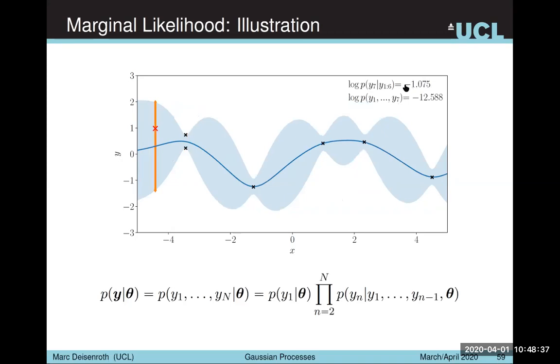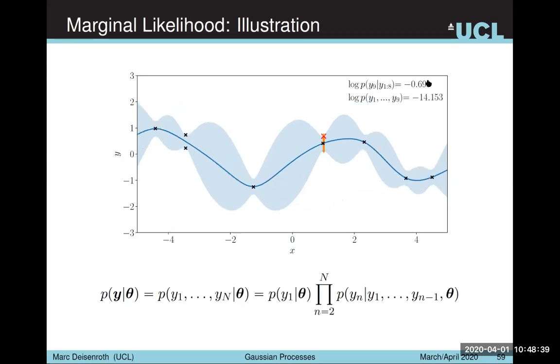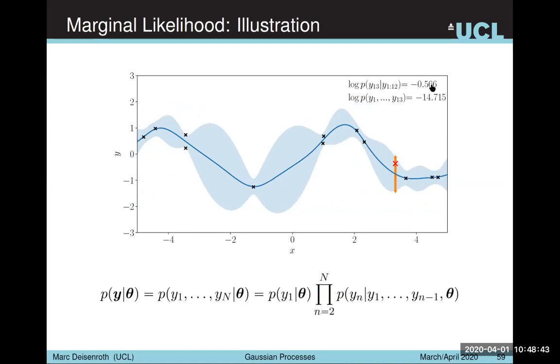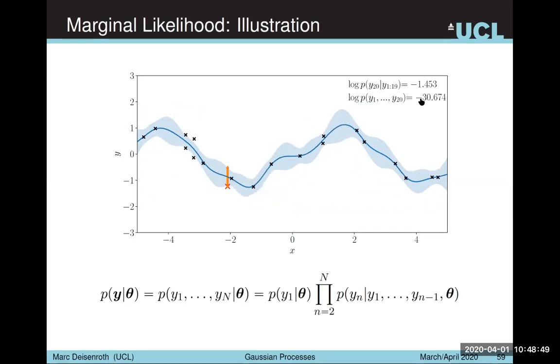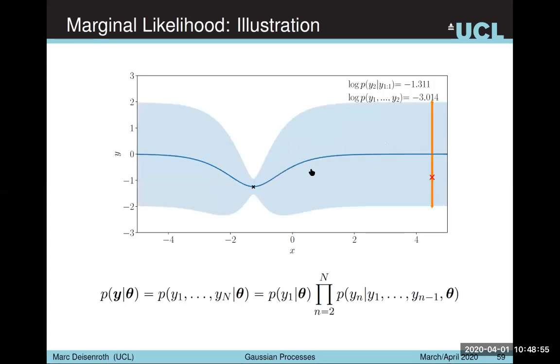This upper value is the quality of the individual prediction. If we sum all of these values up, we get the value at the bottom, which is the log marginal likelihood value. So we can do this again. We start here.